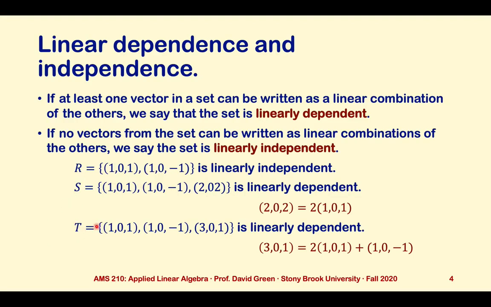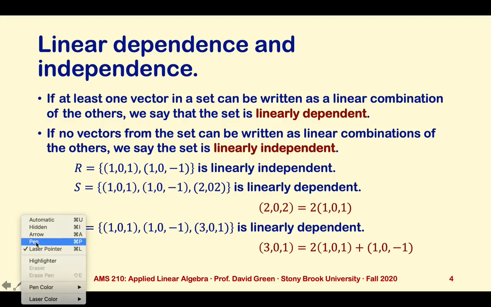The set T, where we've added a different vector, (3, 0, 1), is also a linearly dependent set because we can express (3, 0, 1) as the sum of 2 times (1, 0, 1) plus (1, 0, -1). Again, we can represent one vector as a linear combination of the others.